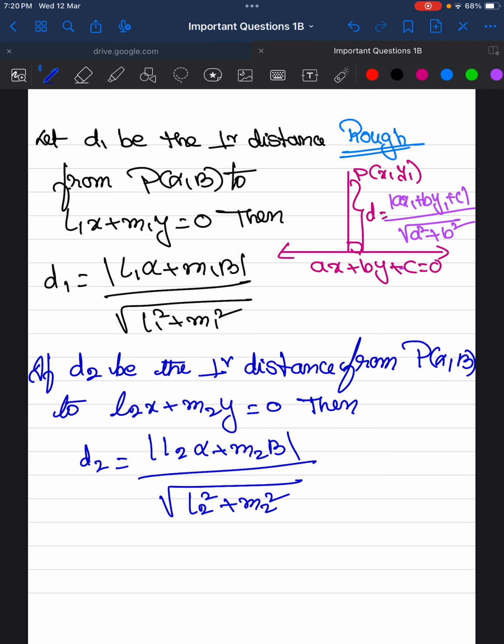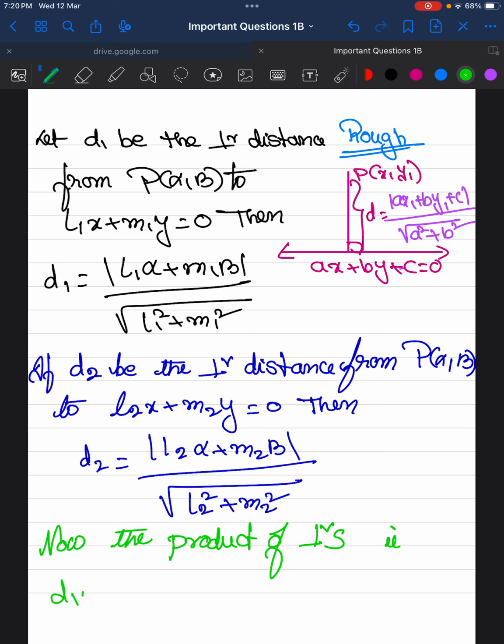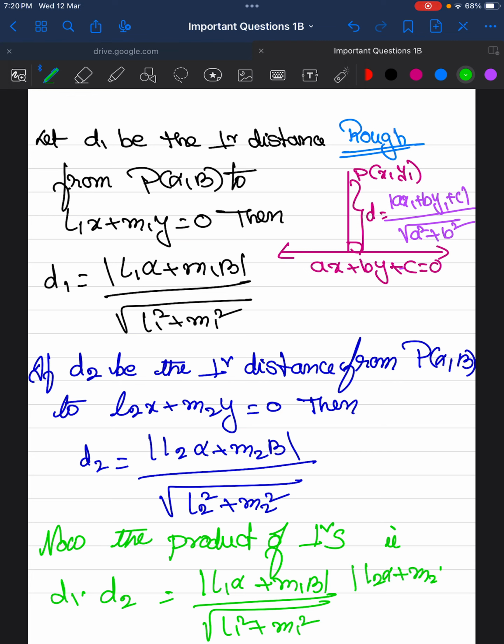Now what we need to do? Now we have to find the product of perpendiculars they asked in the question. The product of perpendiculars is d1 into d2. That is modulus of L1 alpha plus M1 beta by root of L1 square plus M1 square, into modulus of L2 alpha plus M2 beta by root of L2 square plus M2 square.